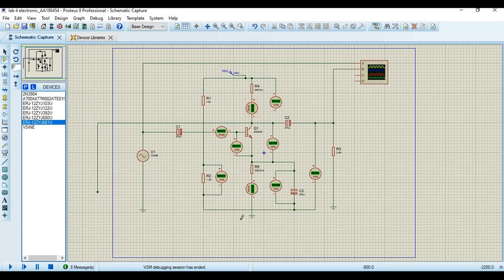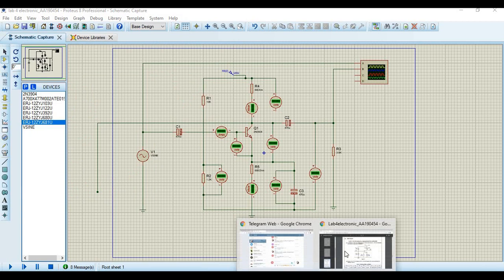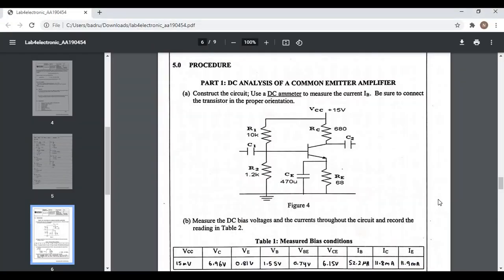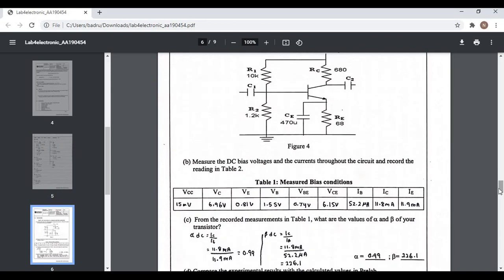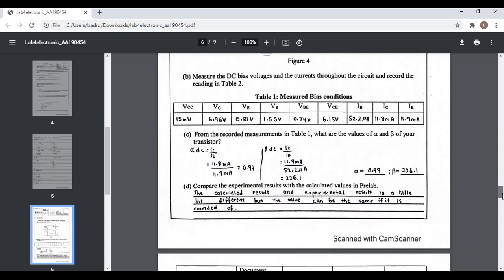Dan selepas kita mengambil semua nilai, kita masukkan ke dalam lab report kita. Selepas kita selesai masukkan, kita boleh jawab soalan seterusnya.